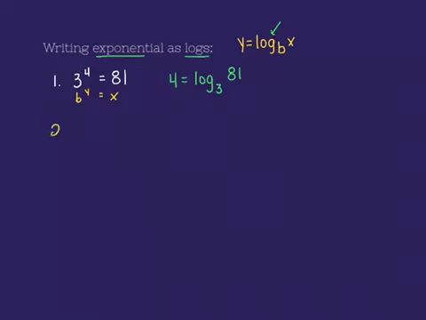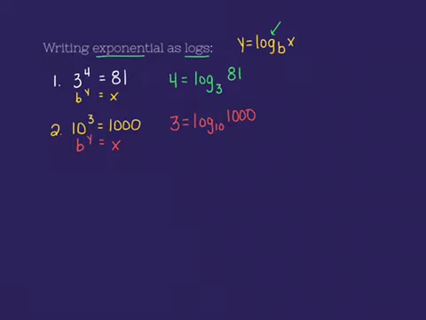Next, let's look at 10 to the 3rd is equal to 1,000. Again, this is b to the y is equal to x, and we're going to put it in log form. So 3 is equal to log base 10 of 1,000.